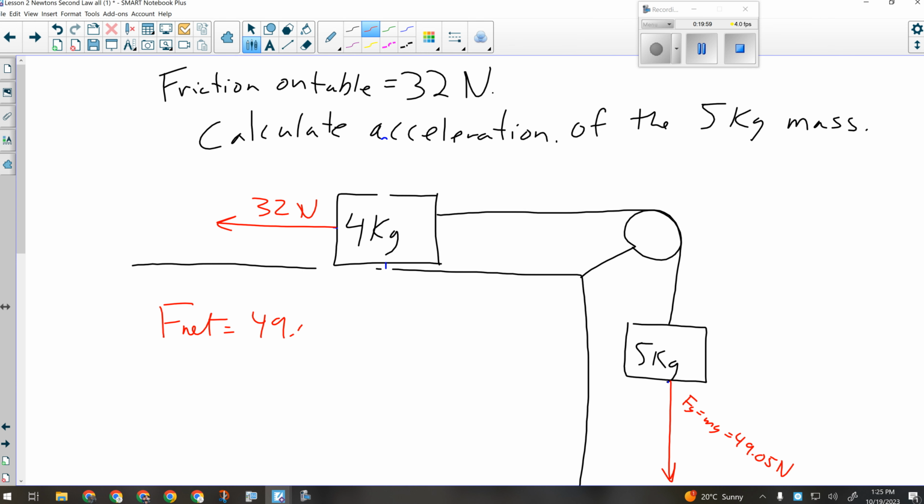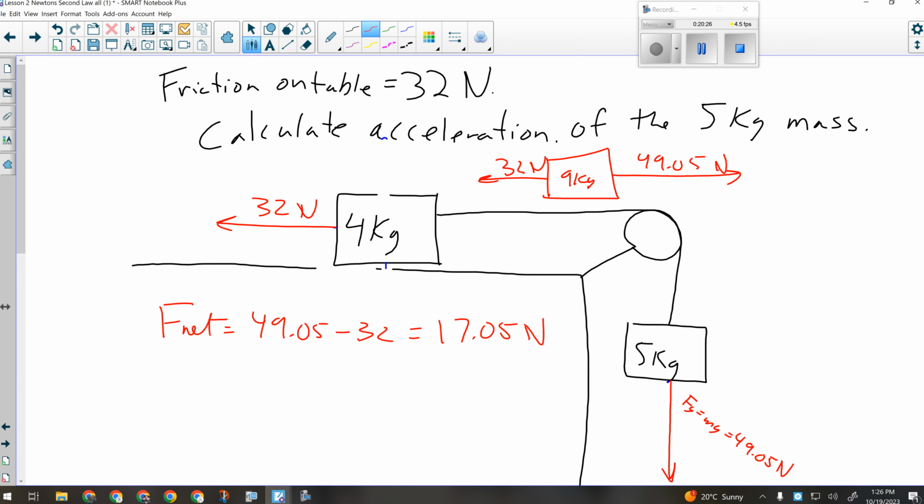That'll be 49.05 minus 32, because what I really have here is 9 kilograms worth of mass being pulled this way by 49.05 and resisted by 32. So 49.05 minus 32 should give me 17.05, right?